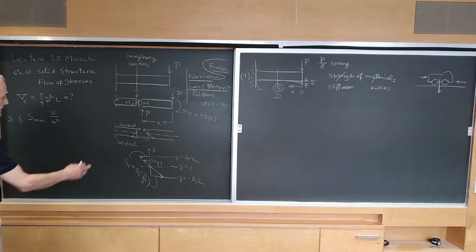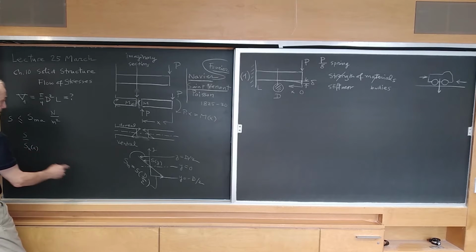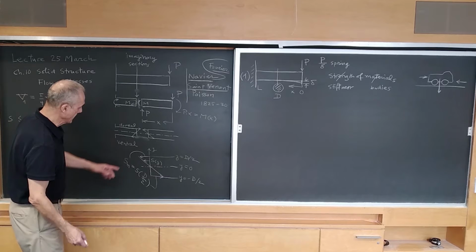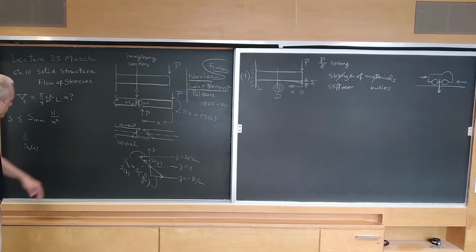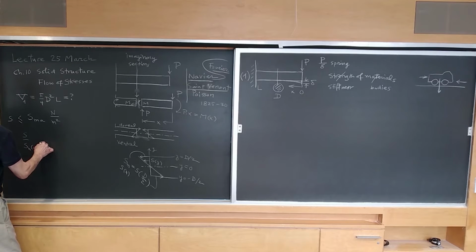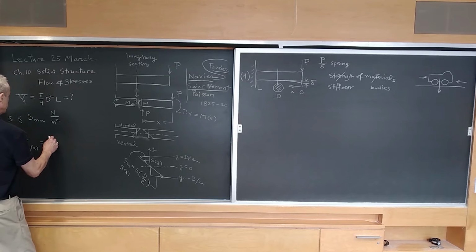So we can say that S over S max, which is a function of x, this, by the way, S max is a function of x, as we'll see very soon. So this ratio is, because of the linearity, the same as y over d/2.